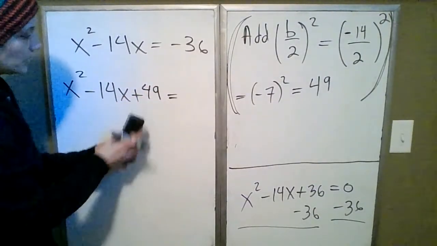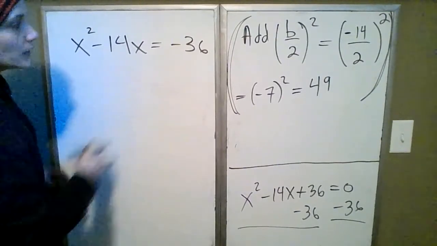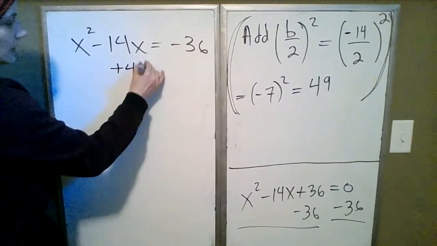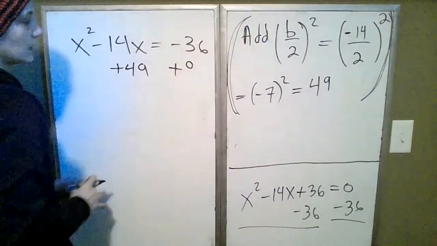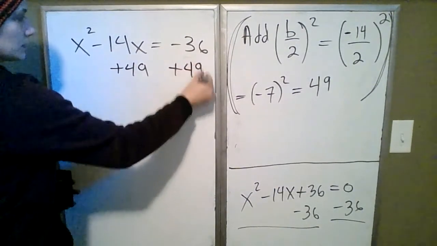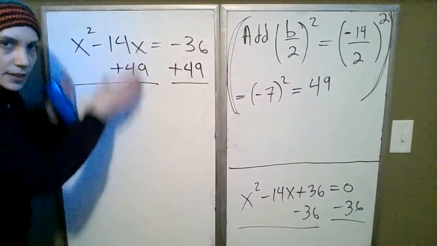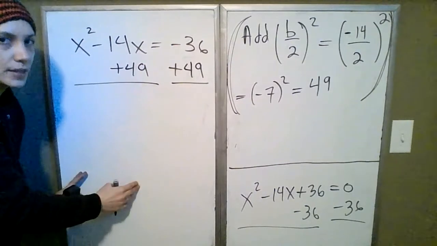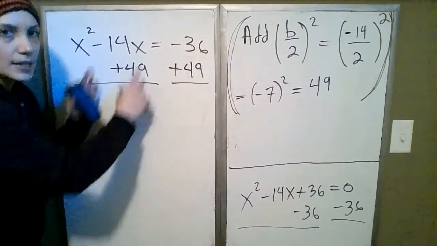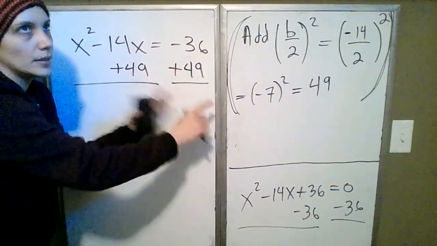All right, we're gonna just have this part and add 49 to both sides. Okay. Adding this number on this side, we will be able to complete the square. And keep this side equal to that one. We have to add the number on both sides.